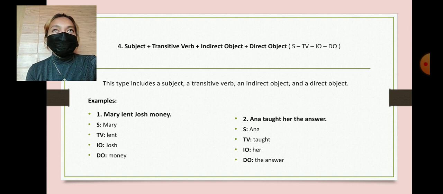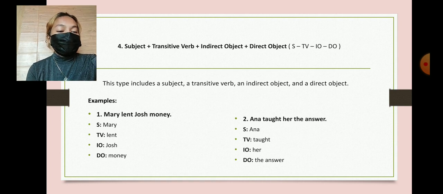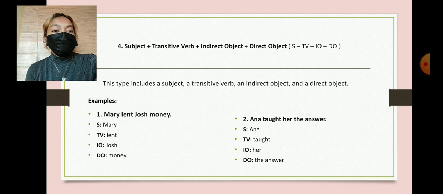So what is the indirect object? They told us that the indirect object can also be a person. For the second example, we have: Anna taught her the answer. The subject is Anna, the transitive verb is taught, the indirect object is her, and the direct object is the answer.